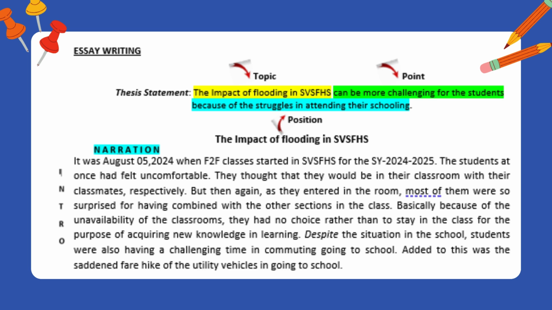Sometimes they submit requirements late, which could also be a cause of delay. Let's see how you came up with this example, as I heard some ideas from you. The impact of flooding in SBSF.